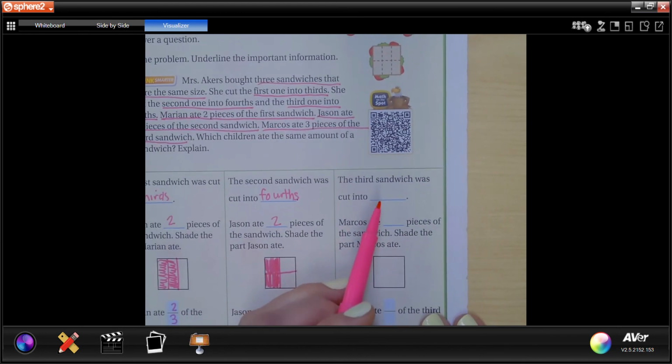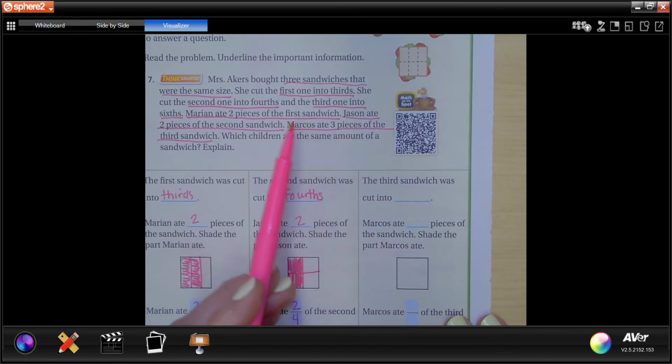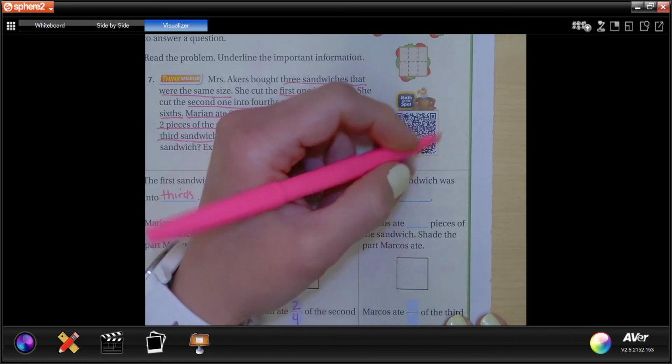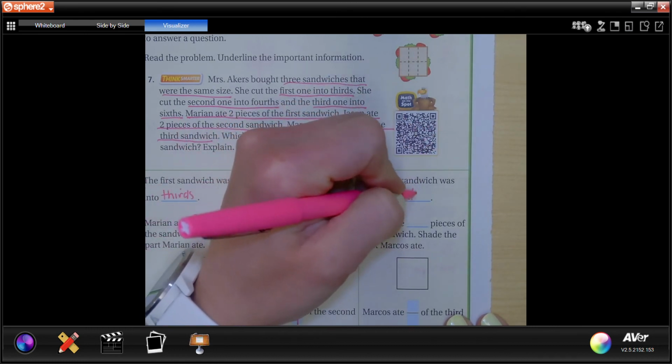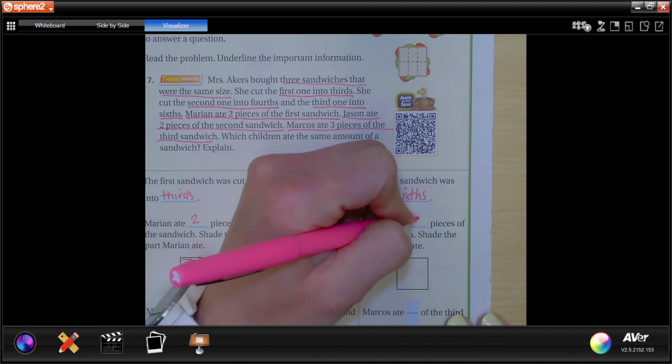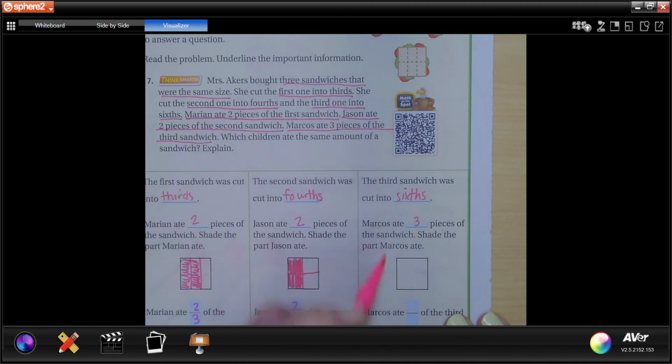The third one was cut into sixths. Marcos ate how many pieces? 3. He ate 3 pieces of the sandwich. Shade the part Marcos ate.